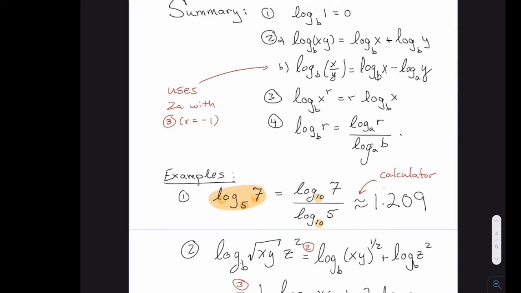So we can write this using our change of base formula, which is number 4 here. And that is log base 10 of 7 over log base 10 of 5. We put that in our calculator. I recommend you try it to make sure you know how to use your calculator.